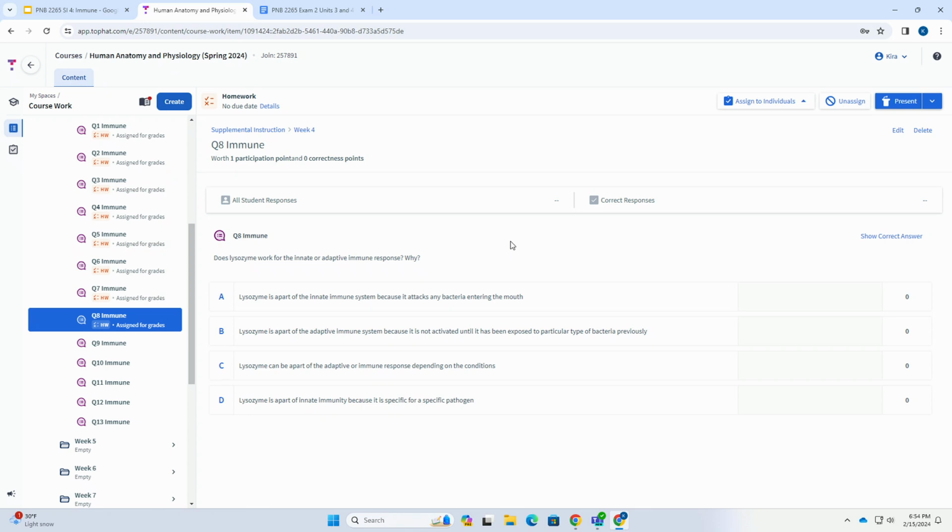Why? Nice. So it's a part of the innate immune system because it's non-specific and attacks any bacteria that enters the mouth.